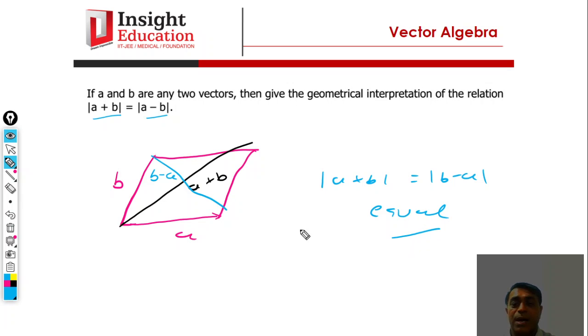So diagonals are equal, which is true for a rectangle. For a rectangle, both the diagonals are the same. If a and b are equal vectors, then it may be a square. But here a and b are not equal, so the geometrical interpretation is that it's a rectangle. So this parallelogram is a rectangle.